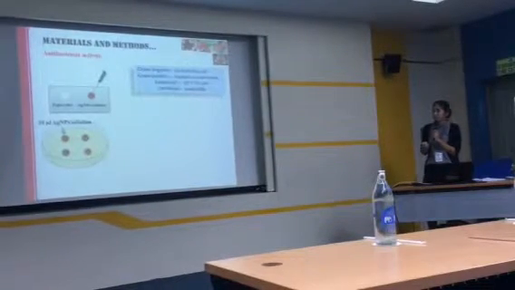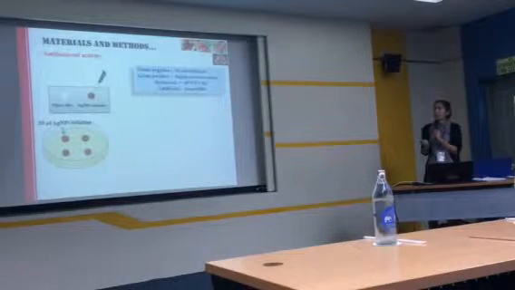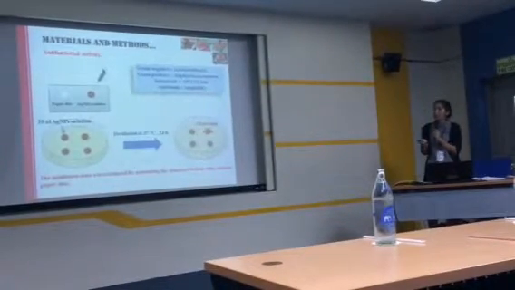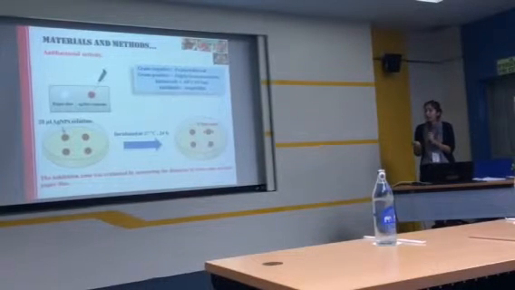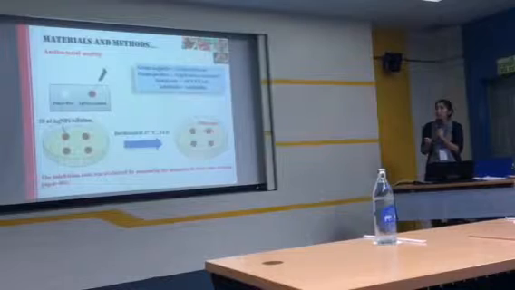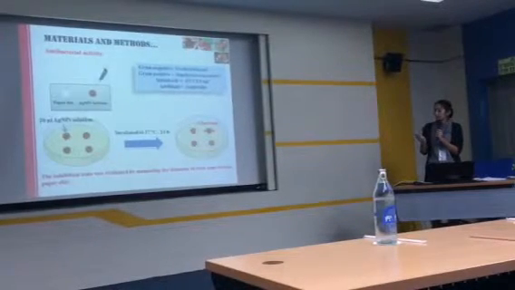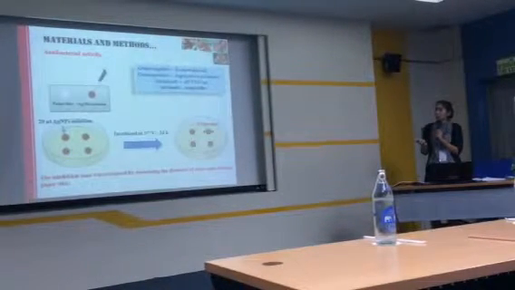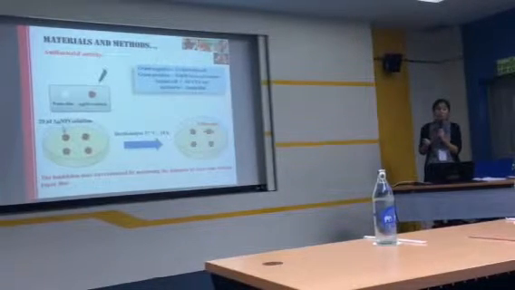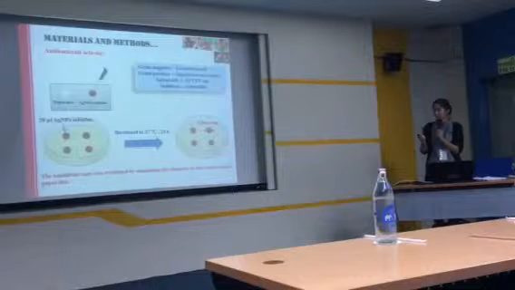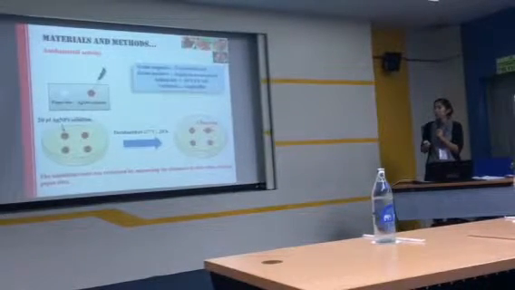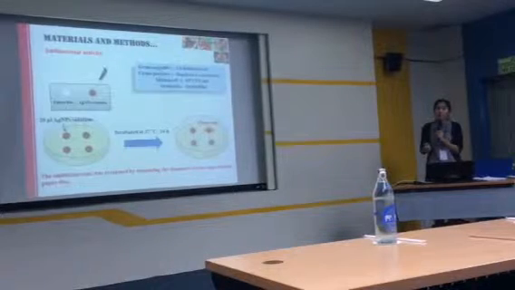Then 20 microliters of peel extract, ampicillin, and silver nanoparticles was dropped on a paper disc and placed on the nutrient agar plates. The plates were incubated at 37 degrees Celsius for 24 hours. The inhibition zone was evaluated by measuring the diameter of the clear zone around the paper disc.